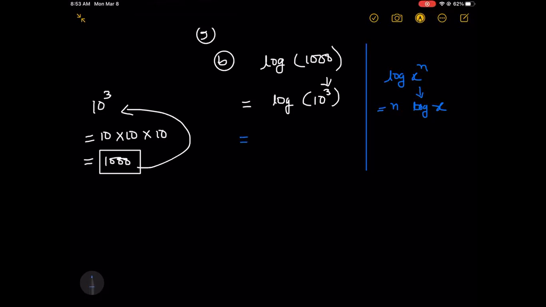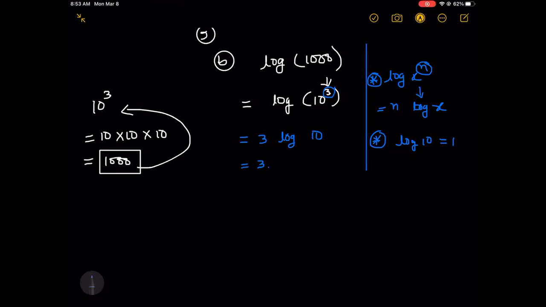Okay, so on this occasion n is 10, or rather 3, my bad. N is 3, so this 3 will come in front and we'll have log of 10, right? And another property we know is log of 10 is 1, because this log has a base of 10, so it will give us 1.